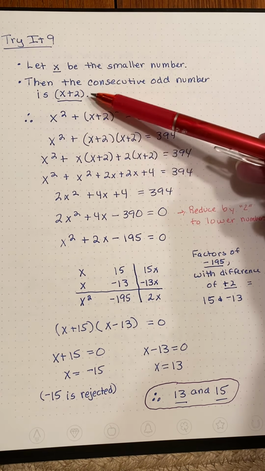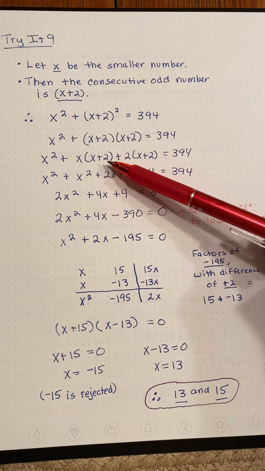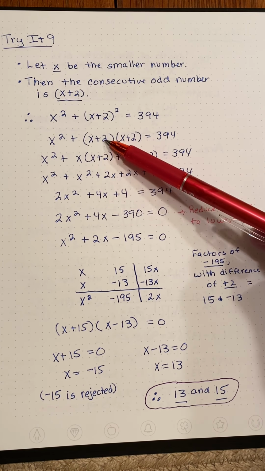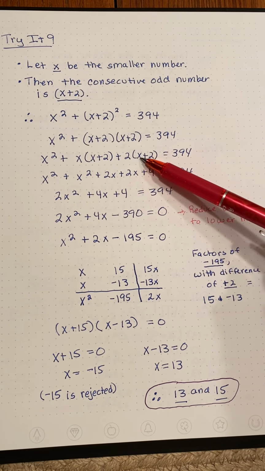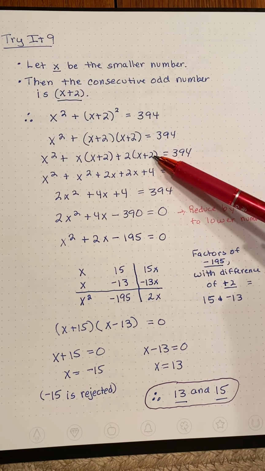So to do this, I'm going to actually square X plus 2 squared. And I'm choosing to do it the distributive way, but this does follow a pattern if you care to look that up. Anyway, I'm going to take X and distribute it to the X plus 2. I'm going to take the positive 2 and also distribute it to the X plus 2.